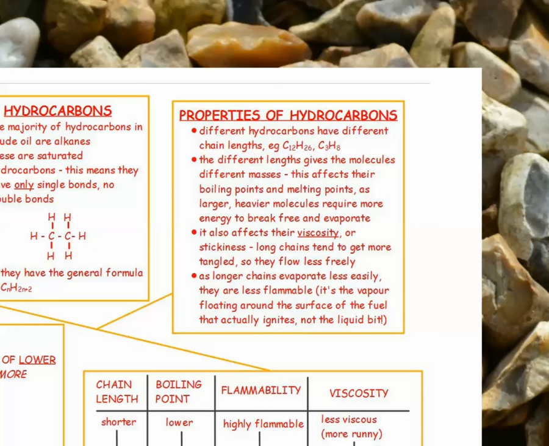It's more difficult to set fire to them, to ignite them. And the reason for that is because it's the vapour that floats around on the surface of the fuel that actually ignites, not the liquid part of the fuel at all. So the more easily it evaporates, the easier it is to ignite, the more flammable it is.